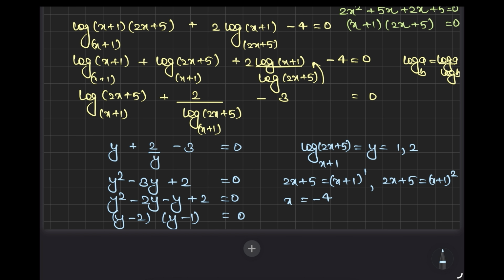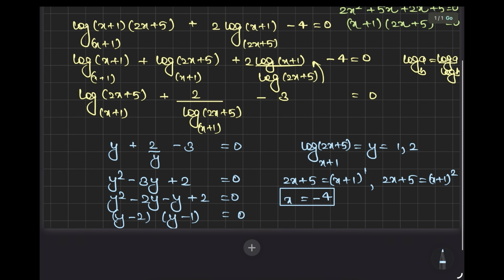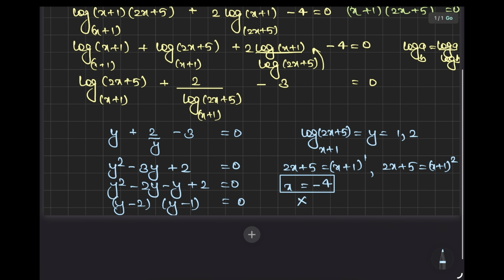Okay, you know that it was given that x was positive, so this minus 4 will be rejected, so this is not part of the solution. So we are left with the second situation, which is 2x plus 5 equals (x plus 1) square, that is x square plus 1 plus 2x.